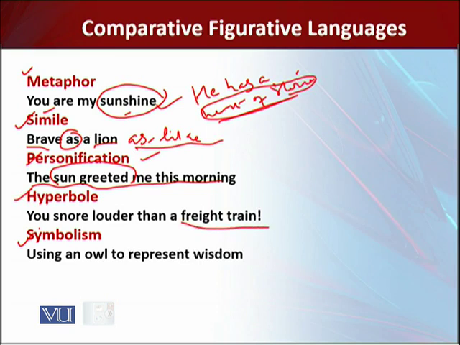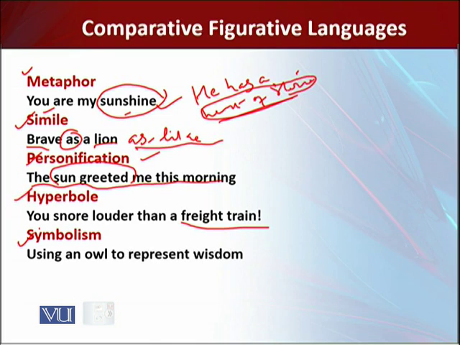This is something which does not happen in reality. It is referring to the loud sound of snoring. Another example can be, you could have knocked me over with a feather. This is again exaggeration, since with the help of a delicate object you could not knock somebody down.